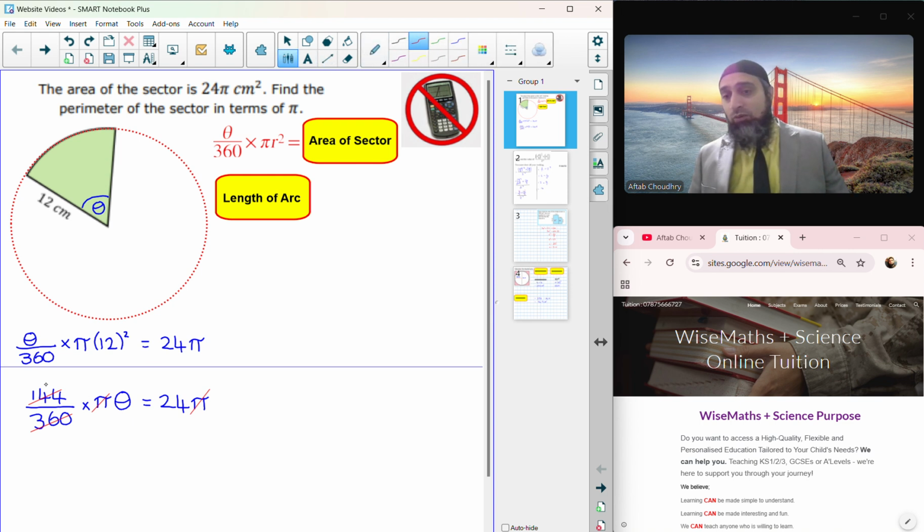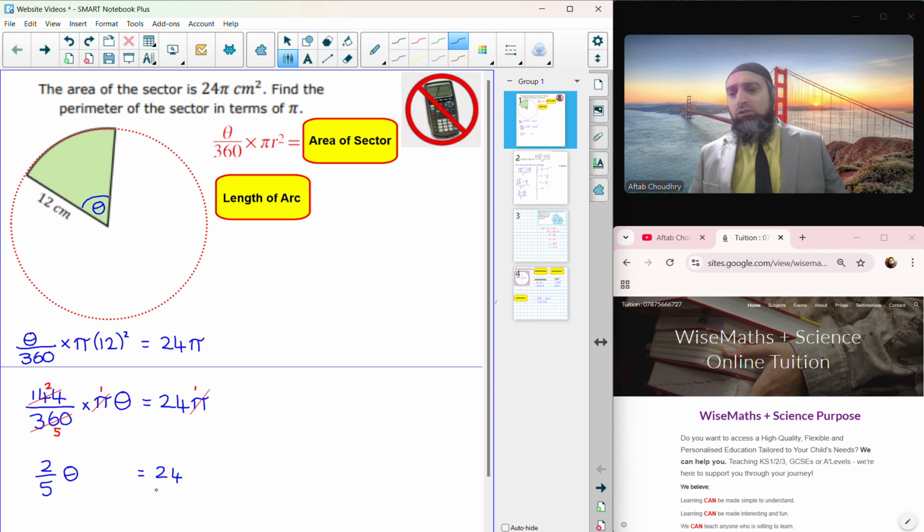That works out to be 2 parts over 5 parts. Let's write that down one more time. That's going to work out to be 2 over 5 theta is equal to 24.